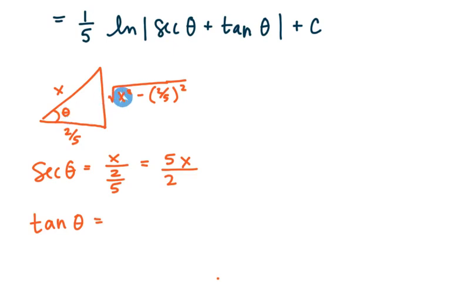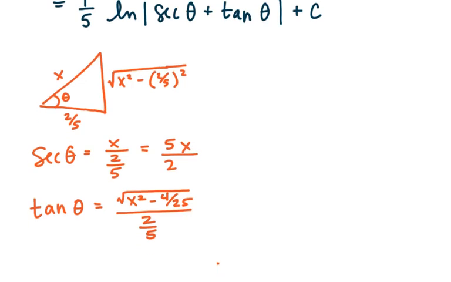Tangent is opposite over adjacent. So that is the square root of x squared minus 4 over 25 divided by 2/5. Remember, dividing by 2/5 is the same as multiplying by 5/2. So I'm going to clean that up a little bit.